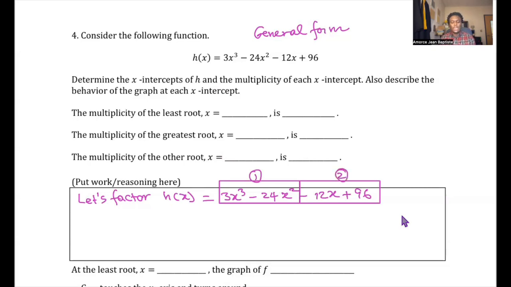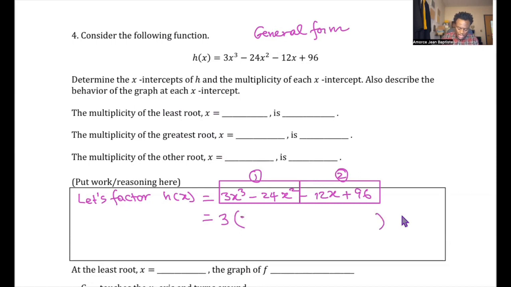Now we're looking for the GCF of the first group. But first, I can check to see if there can be a common factor outside all the way. So let me see if 3 can be the common factor. Yes, 3 can be. So I'm going to factor the GCF, which is 3 here, out.